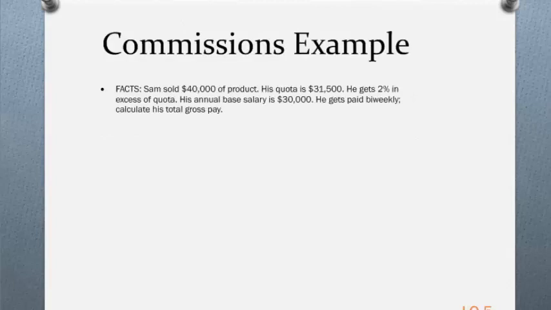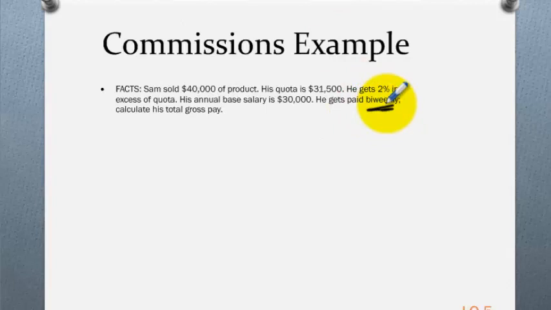Here's an example. Sam sold $40,000 of his product. His quota is $31,500, and he gets a 2% bonus or commission in excess of his quota. His annual base salary is $30,000, and he gets paid bi-weekly. Calculate his total gross pay.